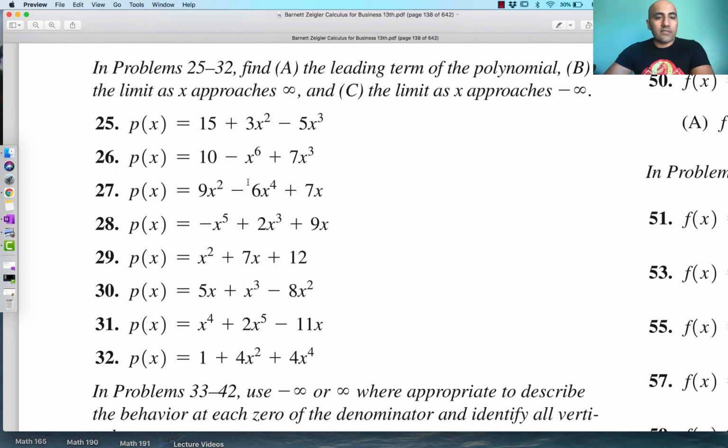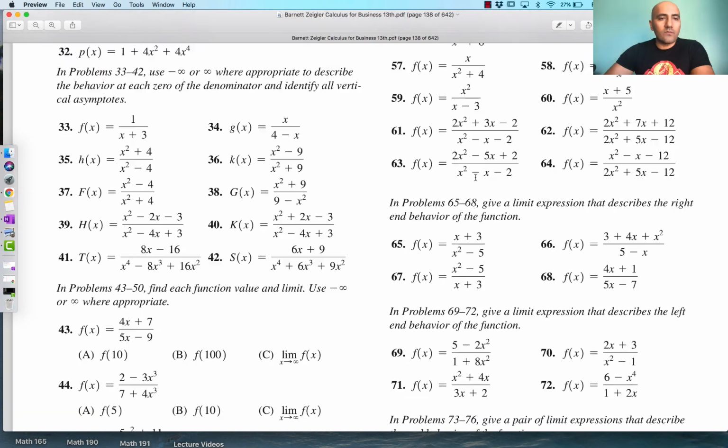So for number 26, this is the leading term, negative x to the 6th power. And either way, when the limit as x approaches positive infinity or the limit as x approaches negative infinity will lead to negative infinity. Okay, so hopefully those are clear.